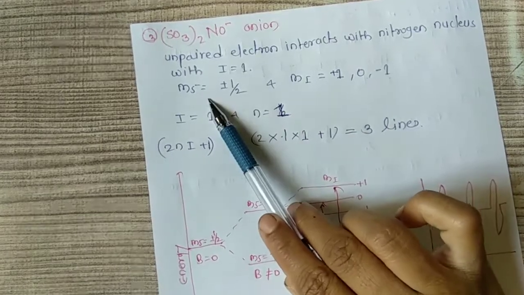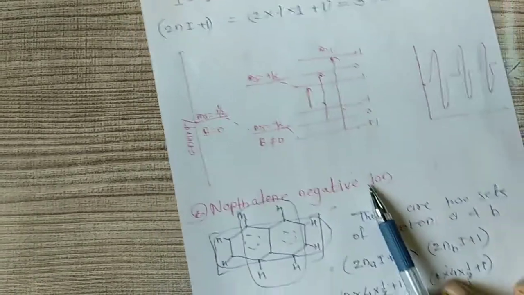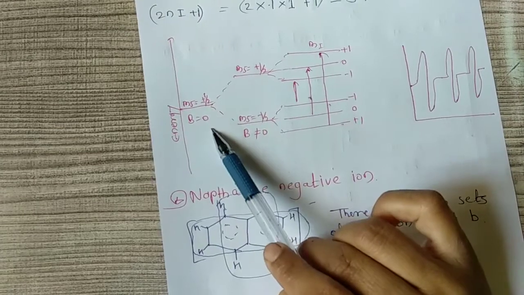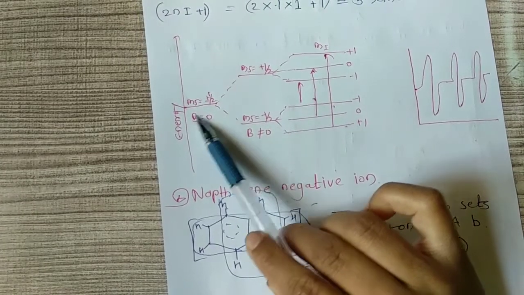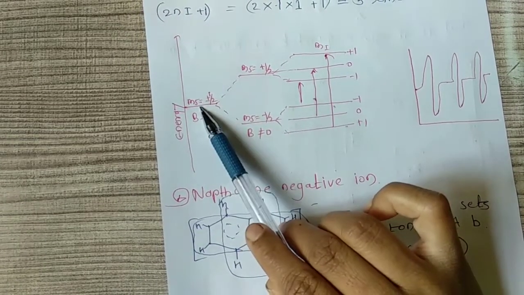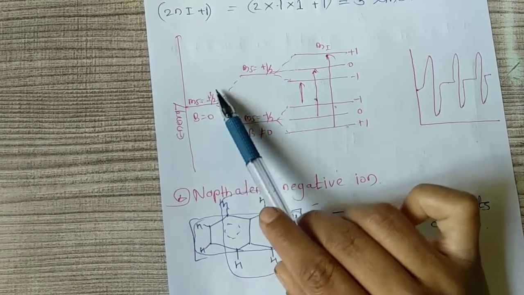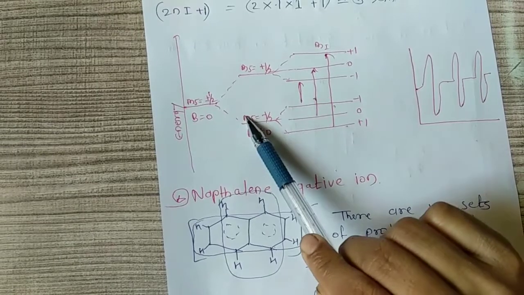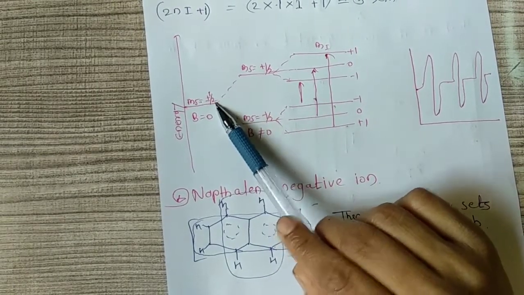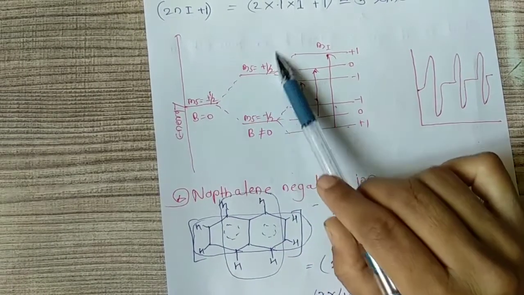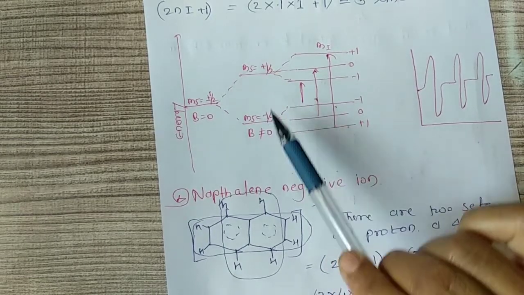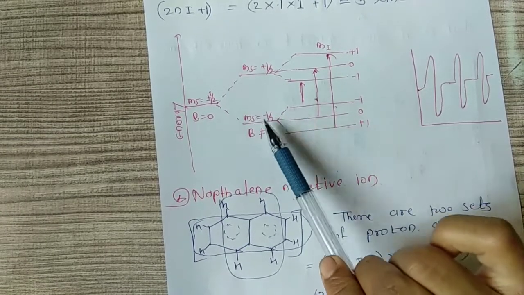Here spin is plus minus half. Before application of the magnetic field, that is the 0 level, at 0 magnetic field this state is degenerate, means Ms is equal to plus minus half. After application of the magnetic field, this degeneracy is removed and it splits into 2 levels, Ms is equal to plus half and Ms is equal to minus half.